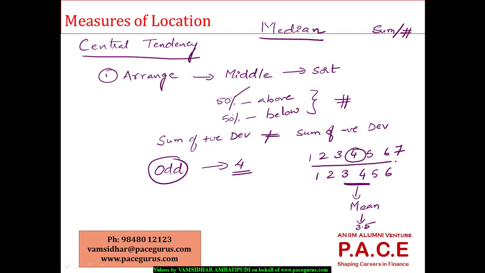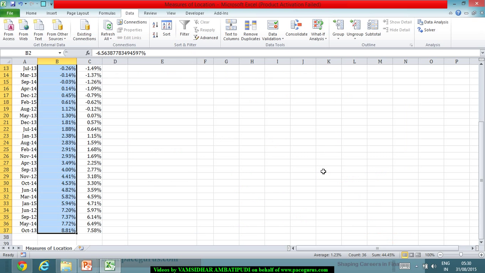If you look at 7 observations, which is odd, I can say the (n plus 1) by 2th observation, which is 7 plus 1 by 2, 8 by 2, the fourth observation, is the median. Similarly, when I talk about 6, 6 plus 1 by 2th observation, which is the 3.5th observation, is the median. So I'll take the third and fourth and take the average of the two, and call it the median.